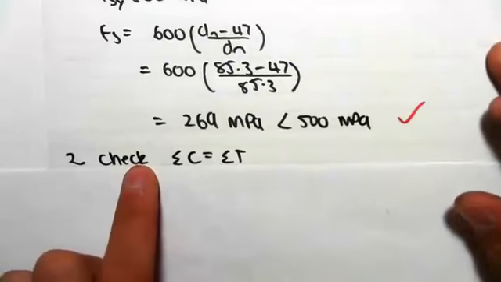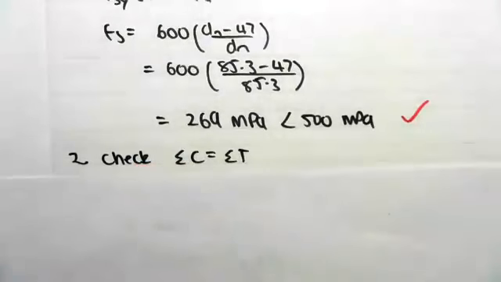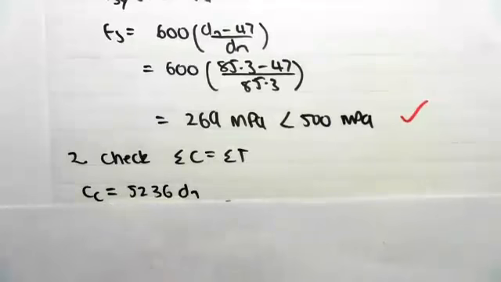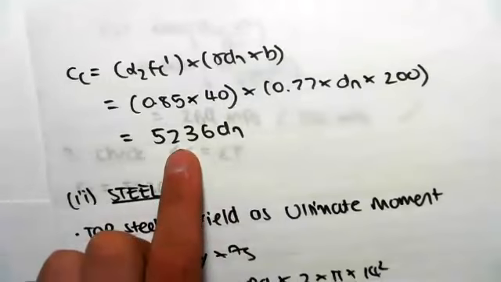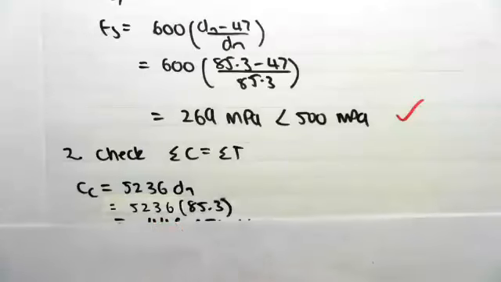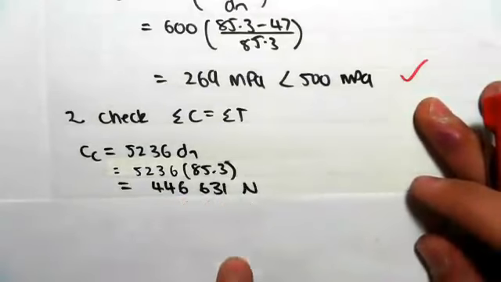The second thing we need to show is that the sum of the compression equals the sum of the tension, and at the same time we're going to find the values of compression and tension for each steel and concrete. The compression in the concrete was 5236dn. Substituting in for dn, which was 85.3, we get that the compression in the concrete is 446,631 newtons.